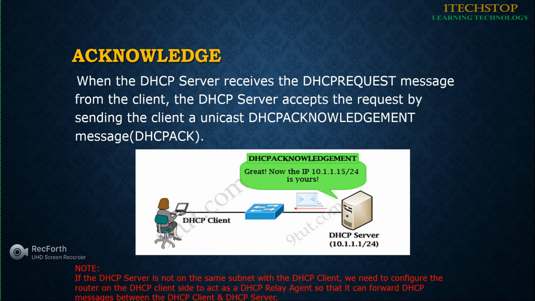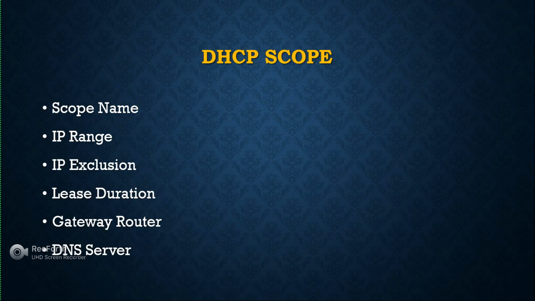So in this scenario, if we want to enable communication between a client and a DHCP server, we need an intermediary called a DHCP relay agent. The DHCP relay agent will forward the other subnet's traffic to the DHCP server. You need to configure the DHCP relay agent on a router or your L3 switch.